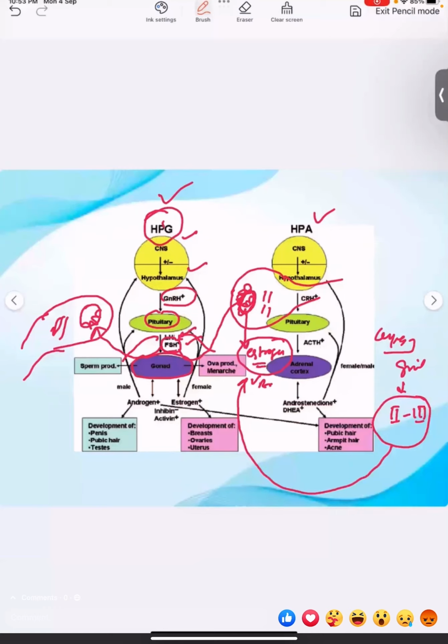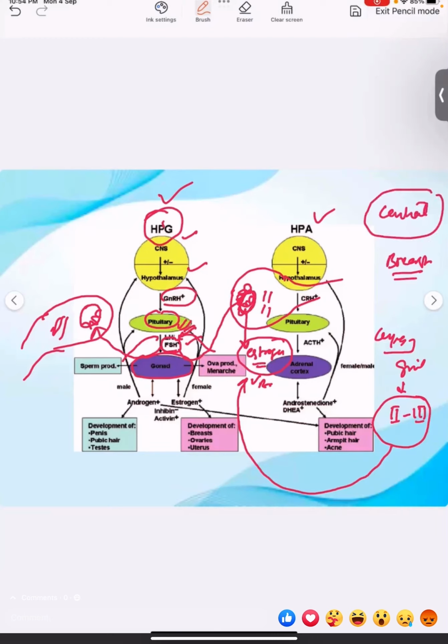Production is by the stimulation by the follicle stimulating hormone. Any female child presenting to you with breast enlargement as a first sign or at any stage is most likely a central precocious puberty. It is not a peripheral precocious puberty.